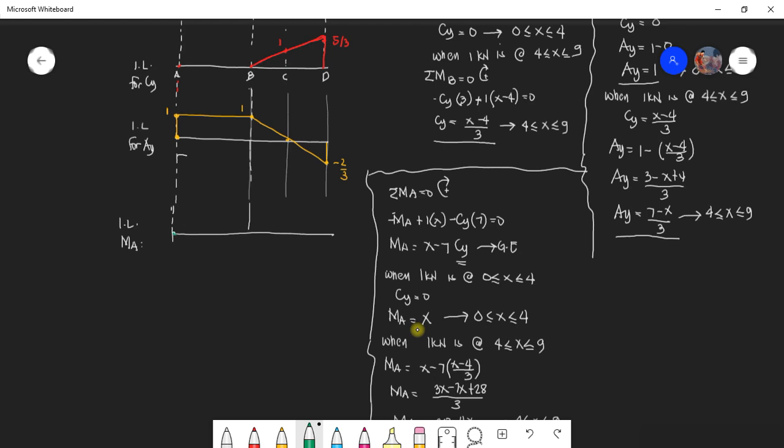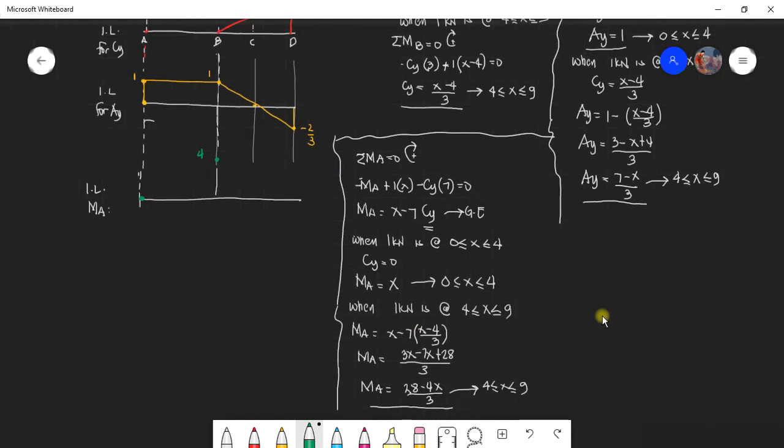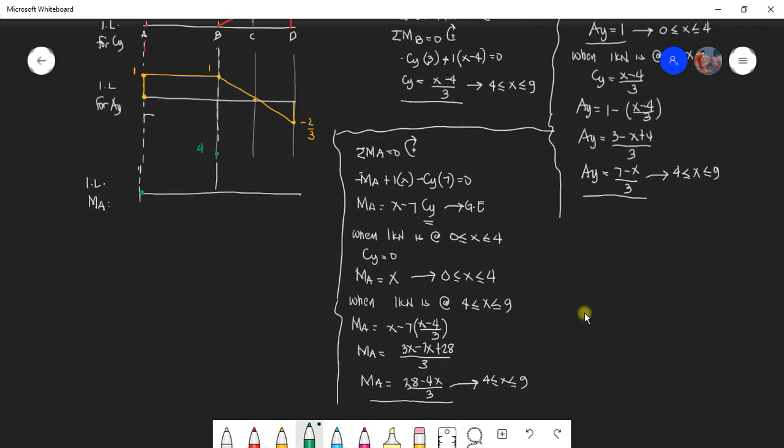Green naman. And then, when the unit load is at 4, or at B, which is as x is equal to 4. So, 4, positive.